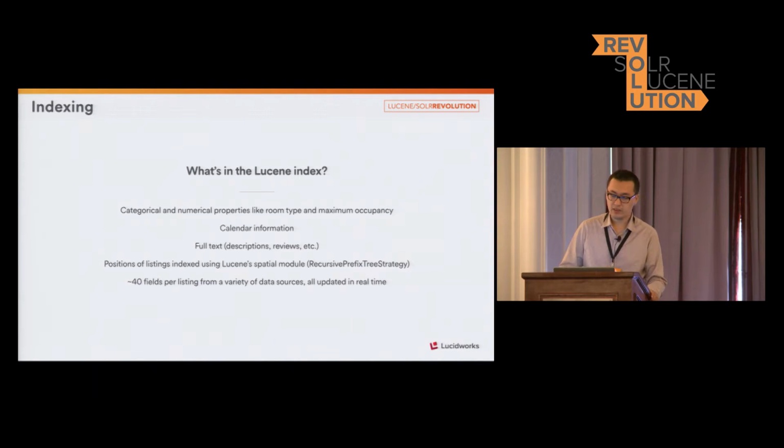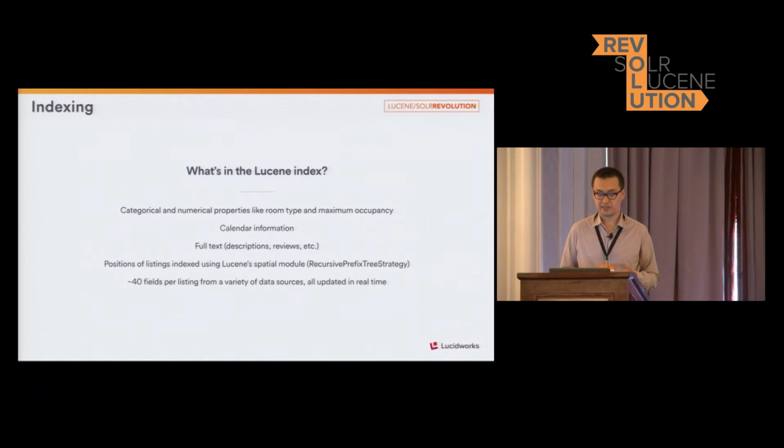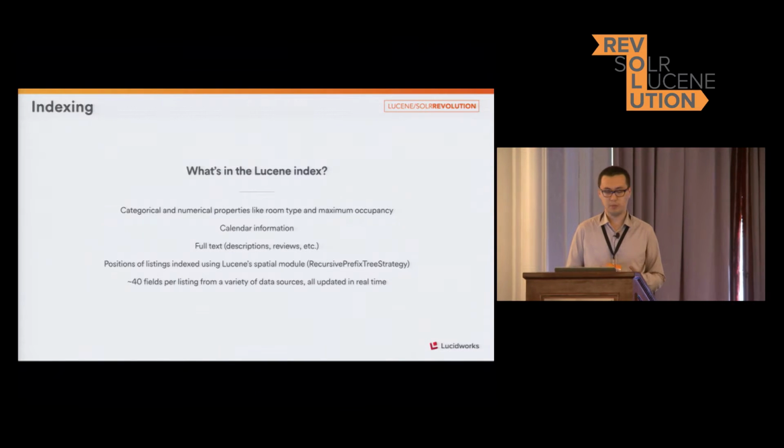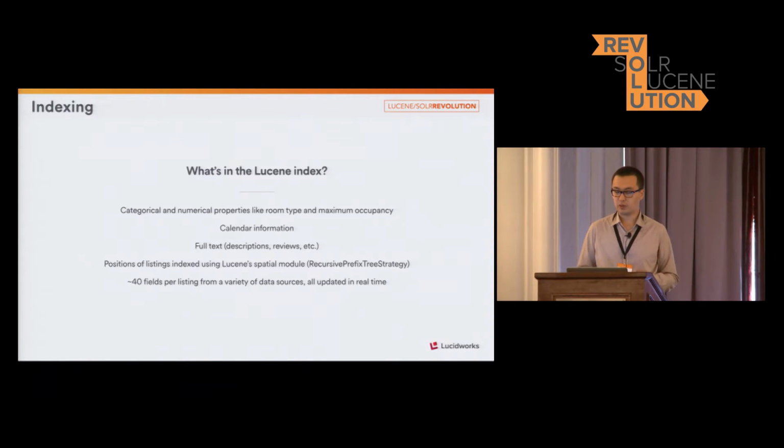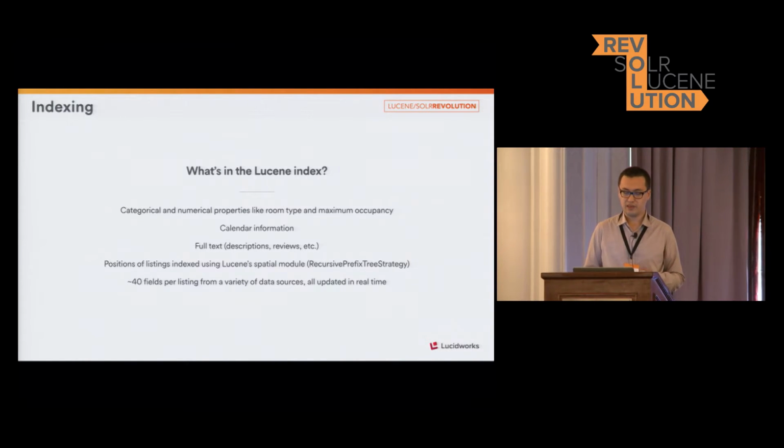Lucene indexes all the information that is essential for retrieval and needs to be updated in real time. This includes various categorical and numerical properties of listings, like the room type and the maximum occupancy of each place. It includes calendar availability information. It indexes the text of description and reviews, as well as geographic placement of listings.